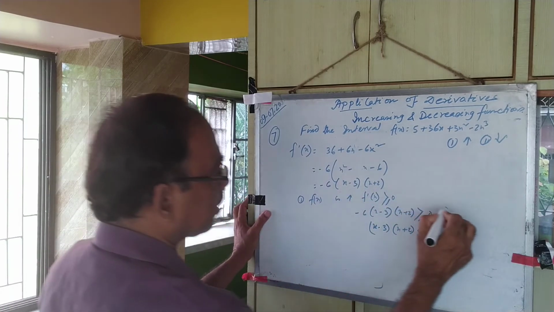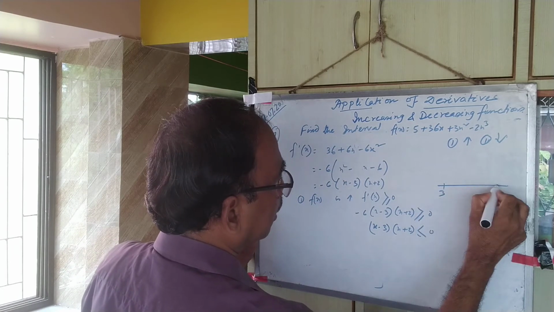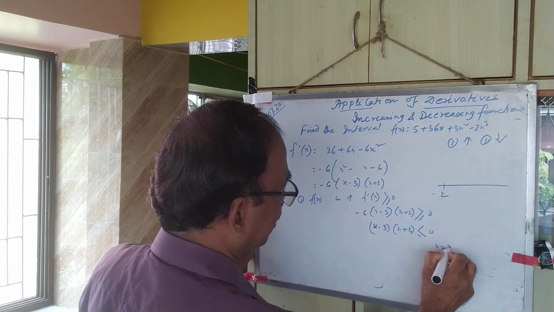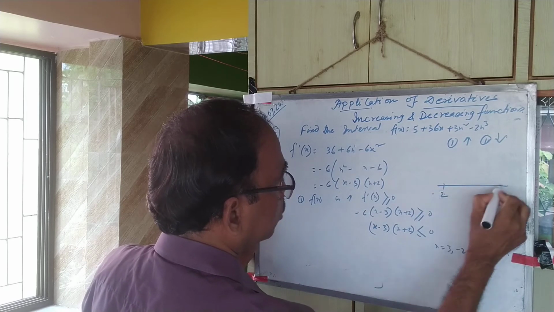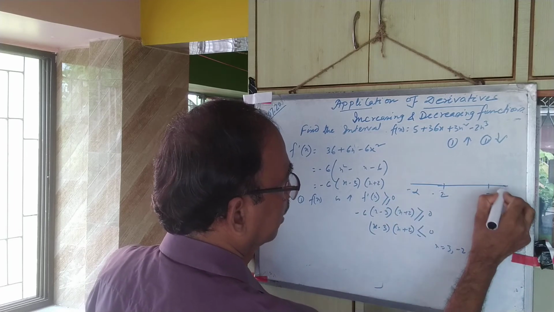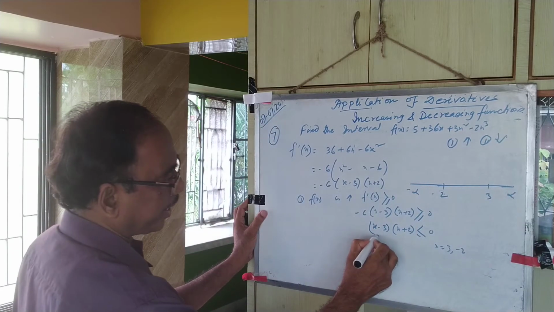So within this interval, I am marking here minus 2 and 3, with minus infinity and infinity at the ends. Now let us check.